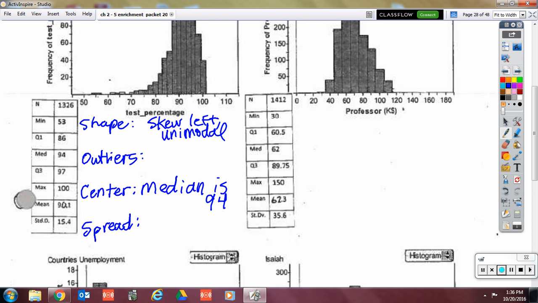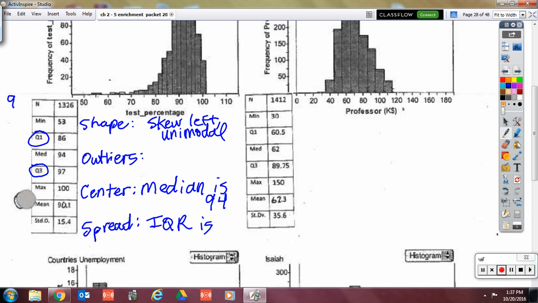And for spread, what do we use for spread? Yes. If you have skew, then you must choose to use median and IQR. So we will say the IQR is, and we have to calculate it. I have to take my Q3 and subtract my Q1.